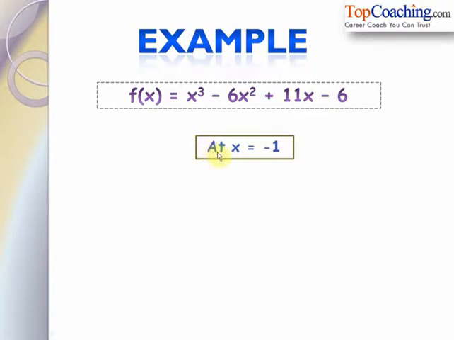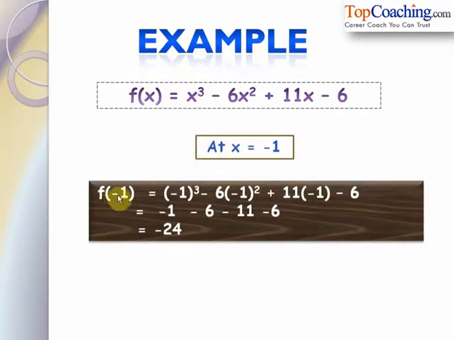Let's take one more case. Let us find the value of f(x) at the point x equal to minus 1. So the input here is x equal to minus 1. So let's check out the value of f(x). f of minus 1 would be equal to minus 1 whole cube minus 6 into minus 1 whole square plus 11 into minus 1 minus 6.